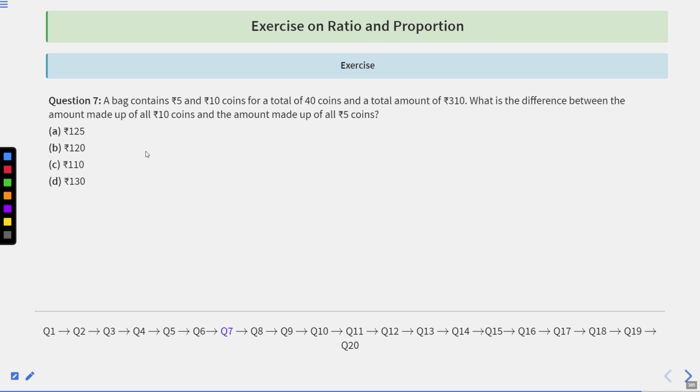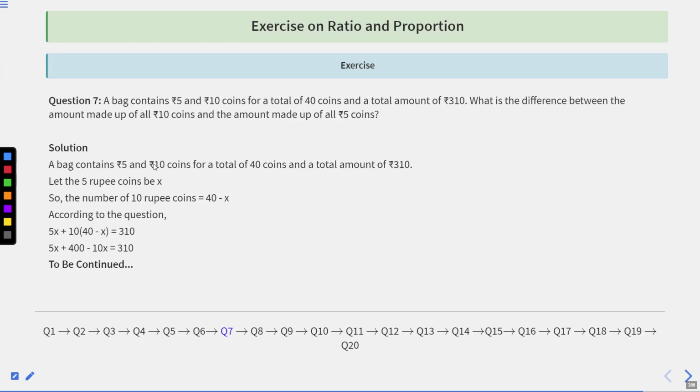Question number 7. A bag contains rupees 5 and rupees 10 coins for a total of 40 coins and a total amount of 310. What is the difference between the amount made up of all rupees 10 coins and the amount made up of all 5 rupee coins?